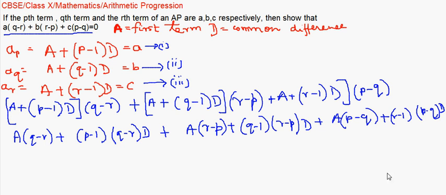Now if you see A(Q minus R), A(R minus P), A(P minus Q), let me just take the A common. So what I'll be left with, I'm using another color for some differentiation with the previous step, is (Q minus R), (R minus P), and (P minus Q).